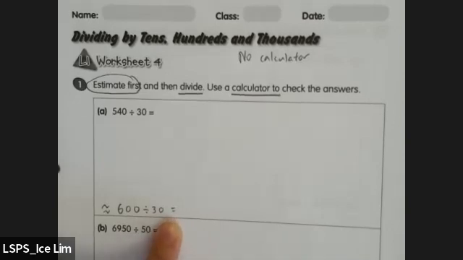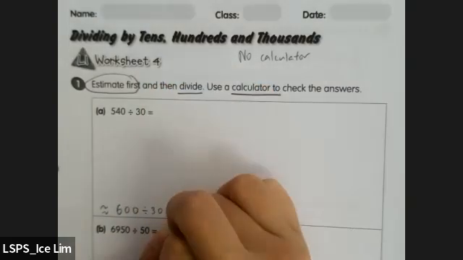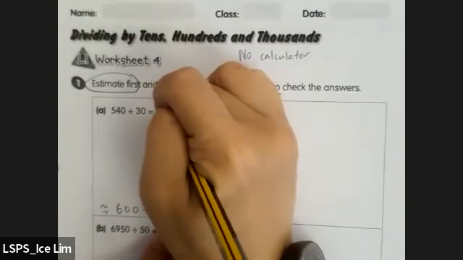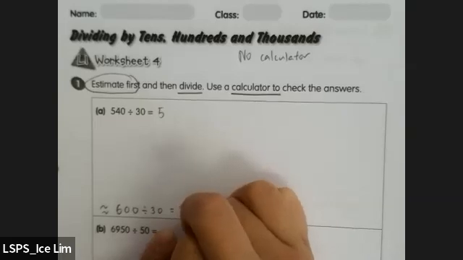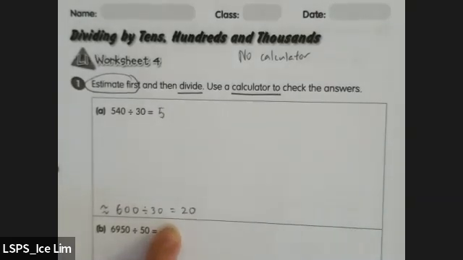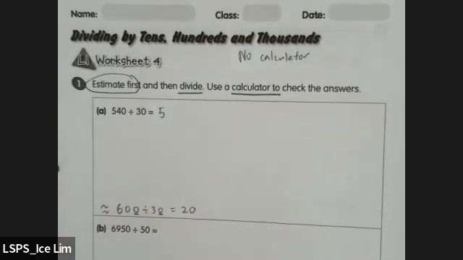So I'll go with multiples and factors. So it's 60 divided by 3, 20. That's all.